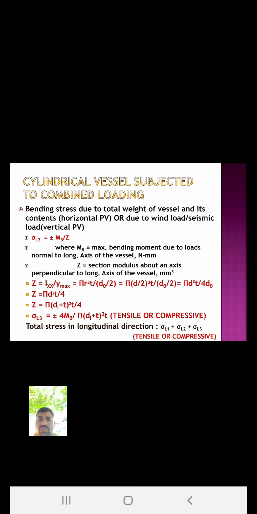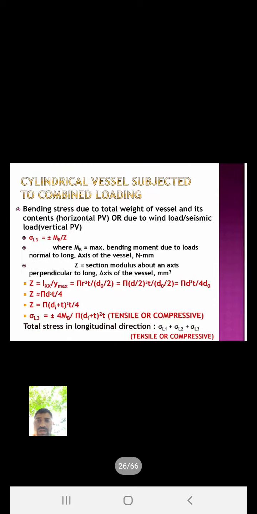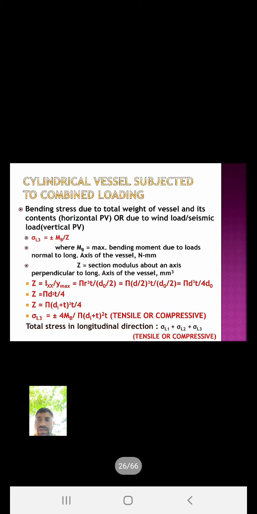Then how to calculate the Z value and the M value? You know that the sectional modulus is about an axis perpendicular to the longitudinal axis of the vessel. Here we consider the cylinder having external diameter DO and internal diameter DI. We require the external diameter.